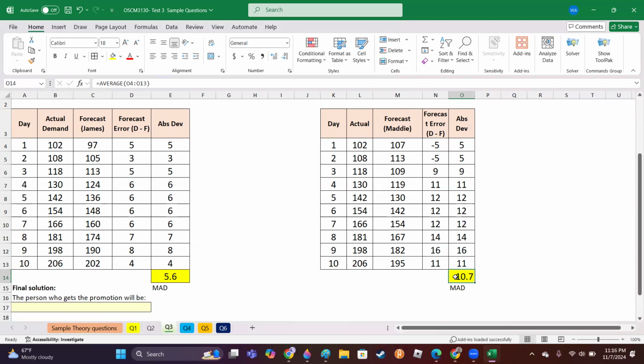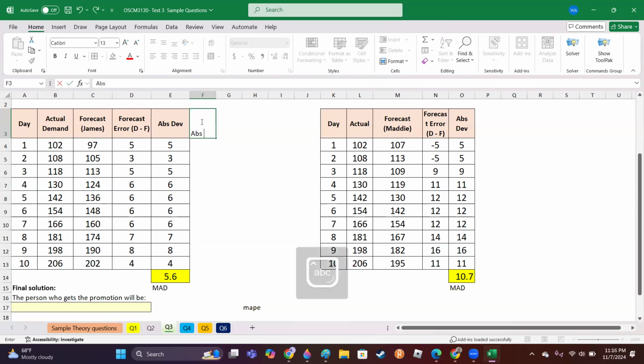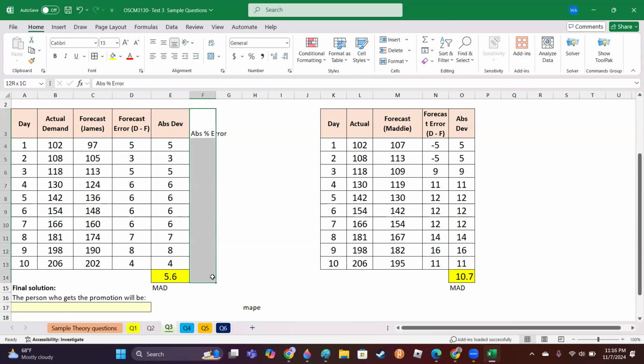If for whatever reason the question asks you to calculate using the MAPE, then I would need to add a column here and call it my absolute percentage error. This column will require me to calculate the mean of the absolute percentage errors.